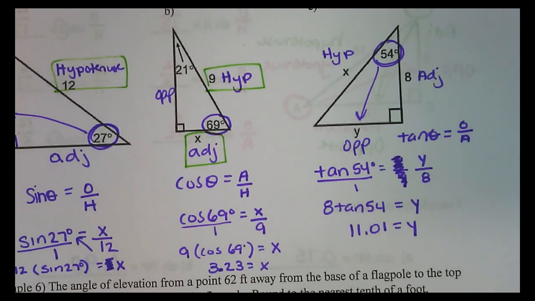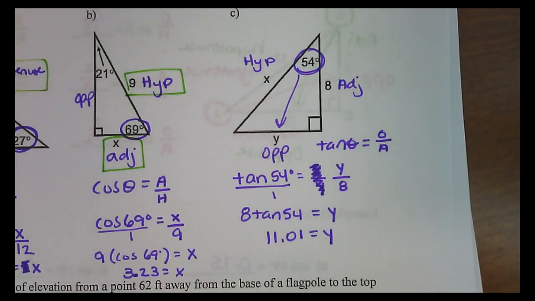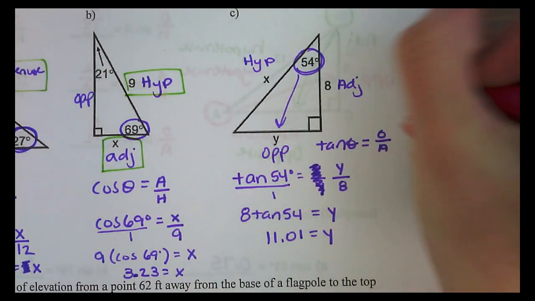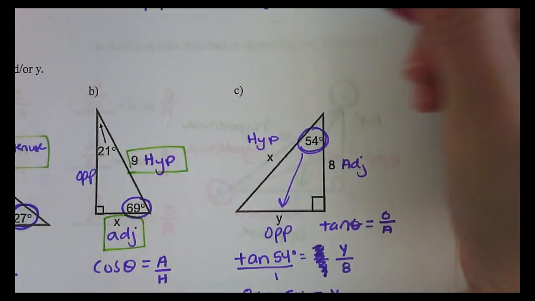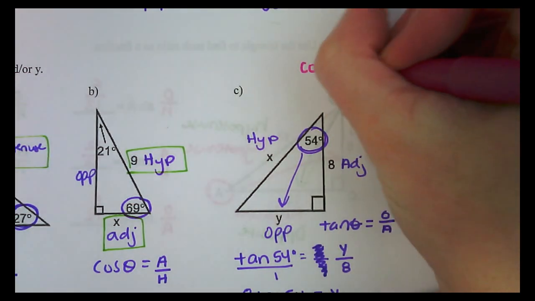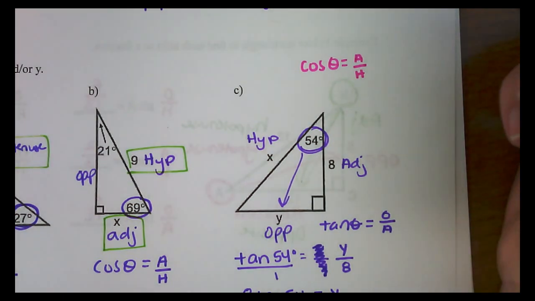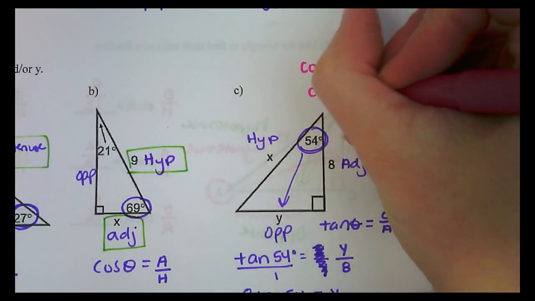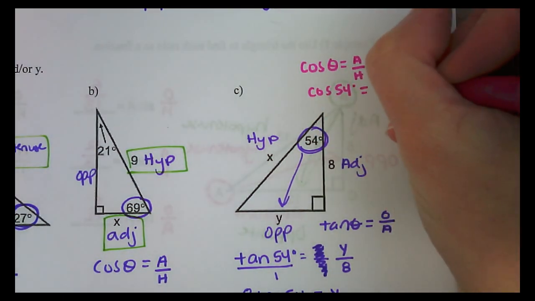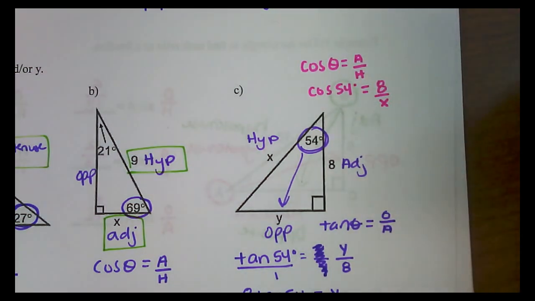Okay, our next one, we need to figure out x. For x, we're going to do cosine. I'm going to do this up here, I have a little bit more space. So the cosine of the angle is adjacent over hypotenuse. For this problem, we have the cosine of 54 is equal to 8 over x.